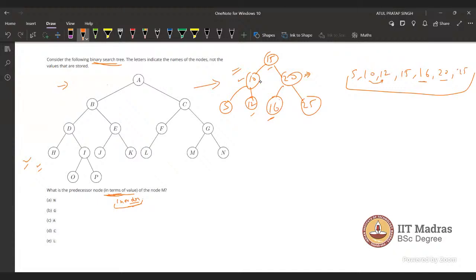So the in-order traversal for this tree will be H, D, then O, I and P, then B, then J, E, K, then A, then L, then F, then C, then M, and then G, then N. This is the in-order traversal. We are finding out who is the predecessor of this M. So the predecessor of M is C. So the answer is C.